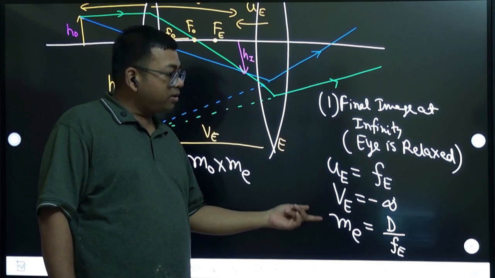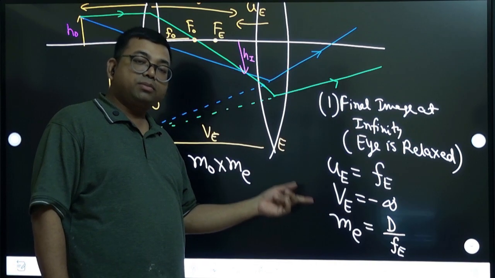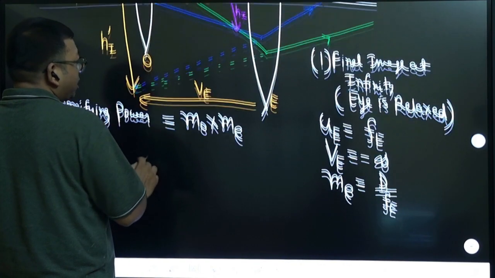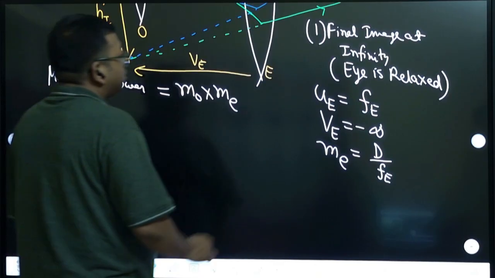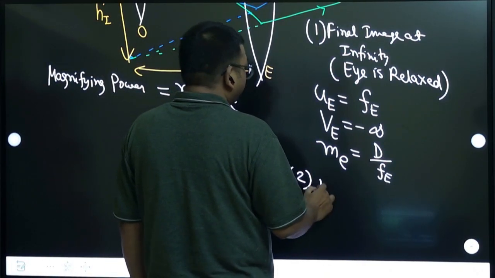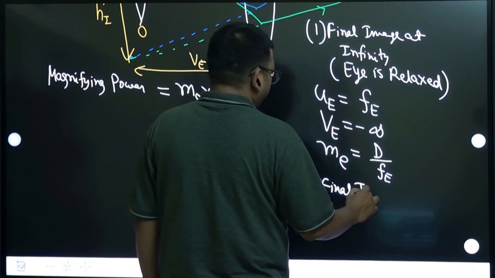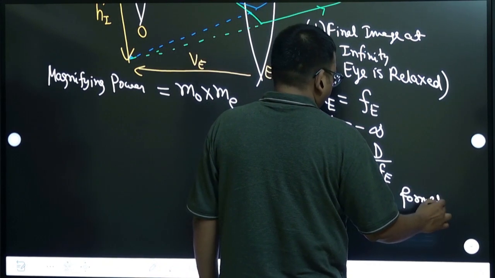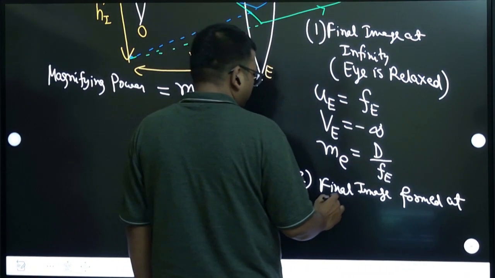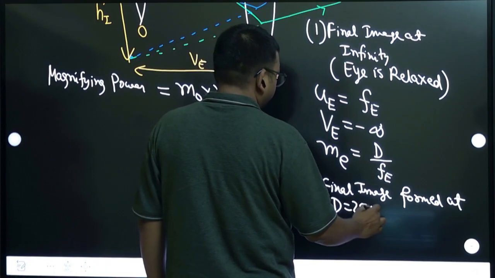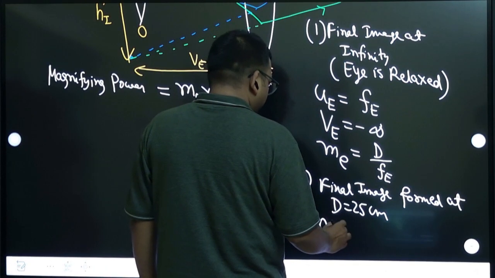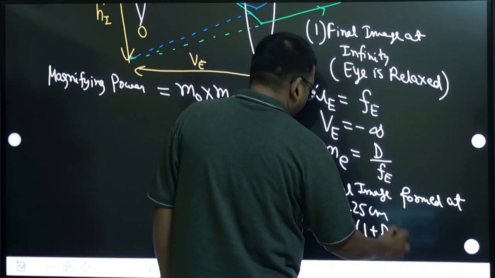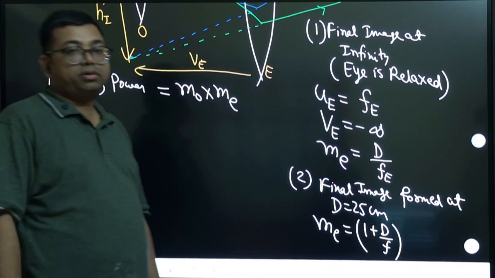That's why the magnifying power will be D by f e, because the image is formed at infinity. But suppose the image is not formed at infinity. In case number two, if the final image is formed at D equal to 25 centimeters, in that case the magnification of the eyepiece is 1 plus D by f. Correct? If I remember correctly, this is the formula, right?